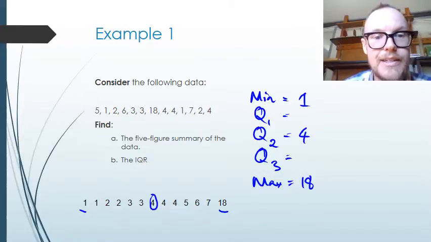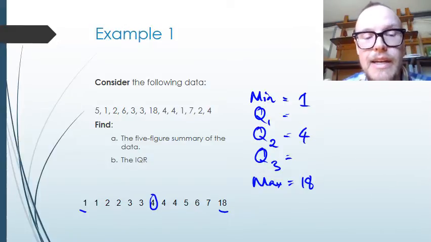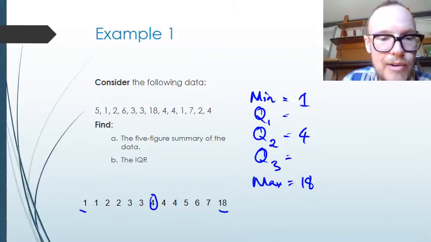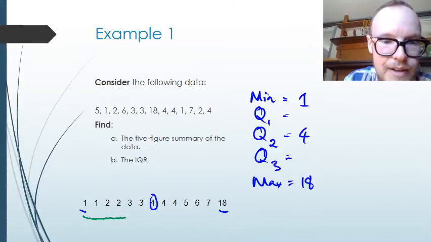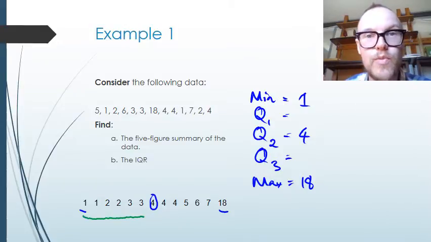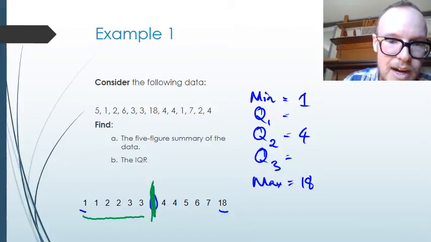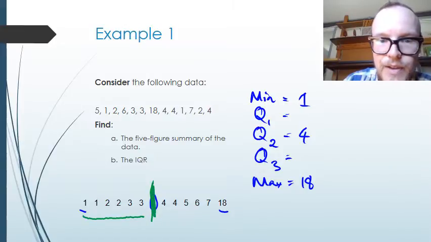Now we need to find Q1 and Q3, so we're going to consider the lower half and the upper half. Because we've got our median there, we're discounting it, so we're looking at just what's above the median and below the median.